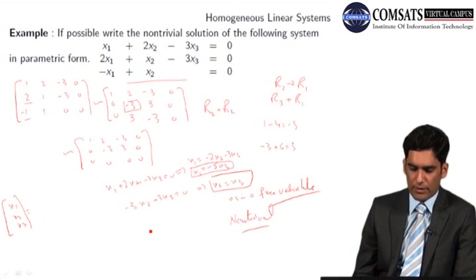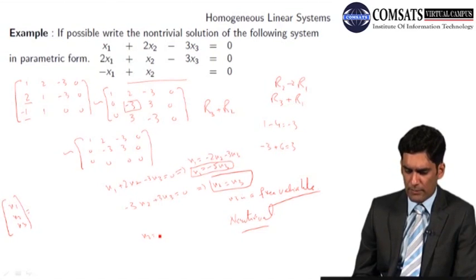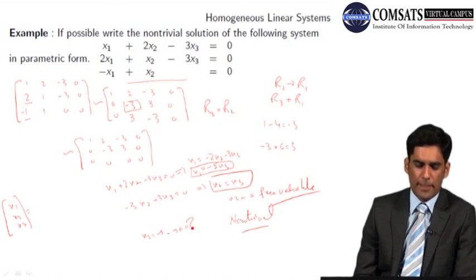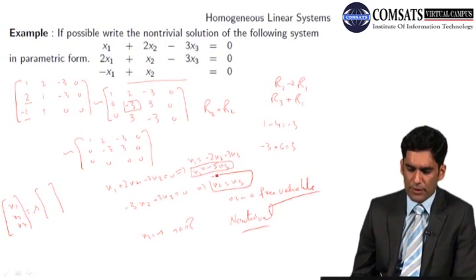x3 is the free variable, so I consider x3 as a new parameter s, where s belongs to the real line. So in terms of s, I am going to find out this vector. x1 in terms of s will become -5s and x2 will become equal to s.